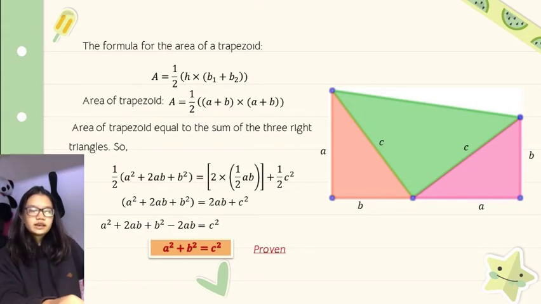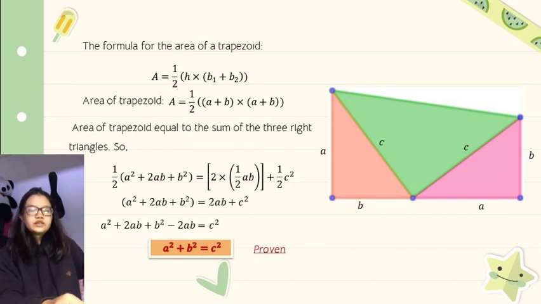Then we get the equation 1 over 2 times (a square plus 2ab plus b square) equals 2 times 1 over 2ab plus 1 over 2c square. So we multiply both sides by 2. Then we get a square plus 2ab plus b square equals 2ab plus c square.